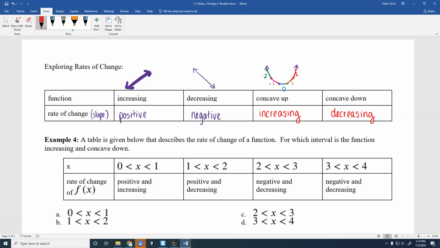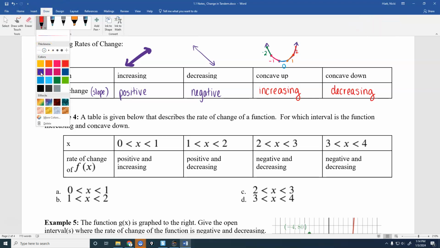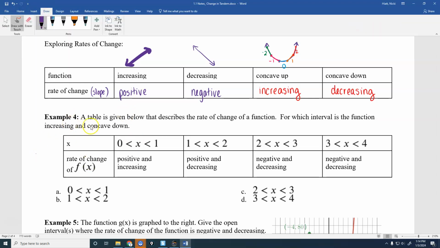Okay, so real fast, let's look at 4. And then this will be enough for you to do your homework if you did not get to the calculator part. All right, so this question says a table is given below that describes the rate of change of a function. For which interval is the function increasing and concave down?